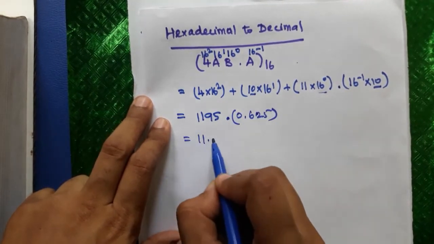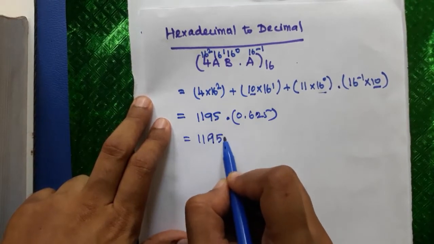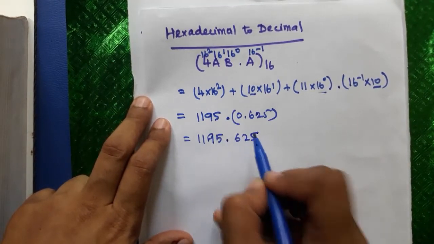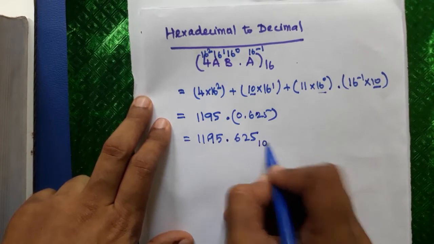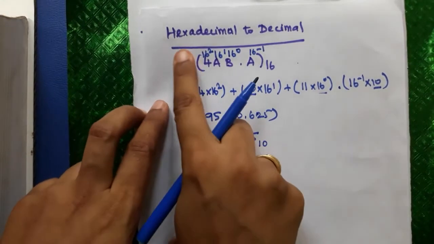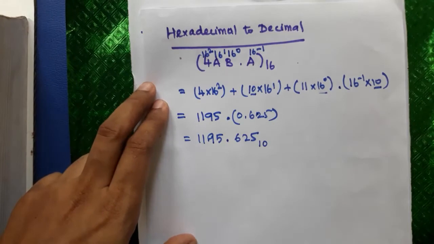So it is 1195.625 to the base 10. So this is conversion of hexadecimal to decimal number system.